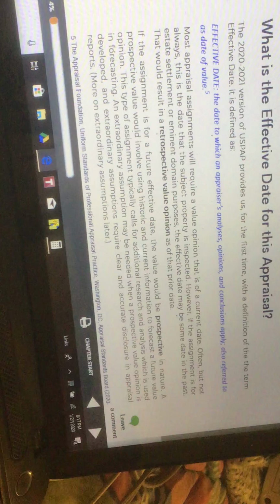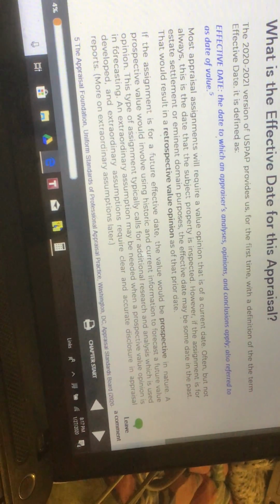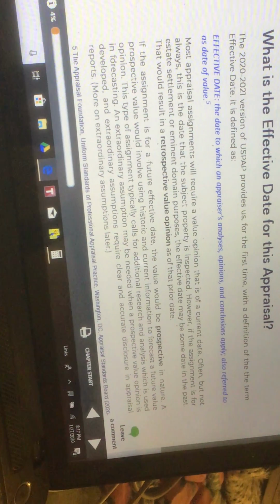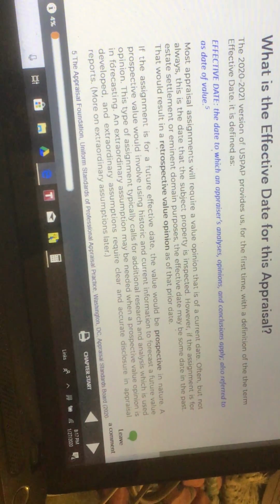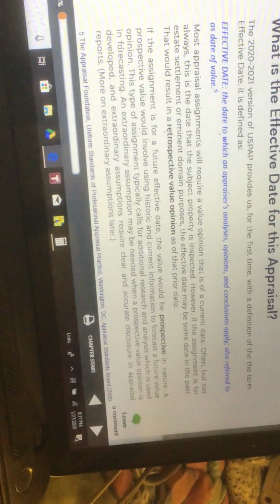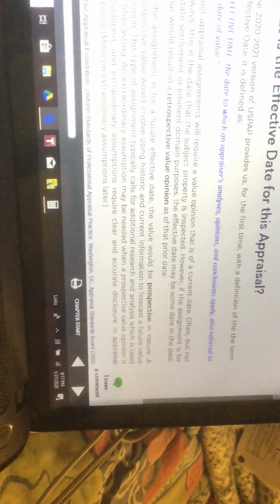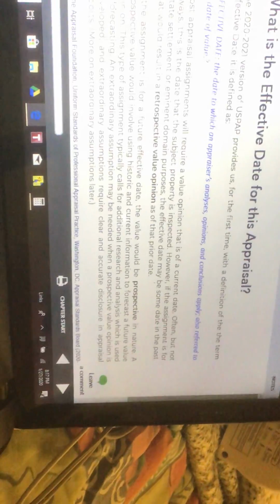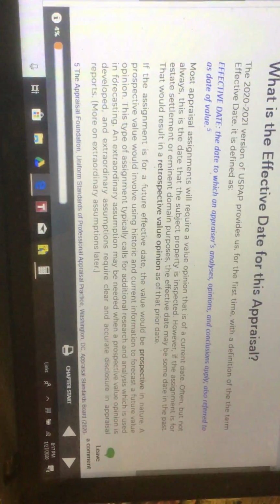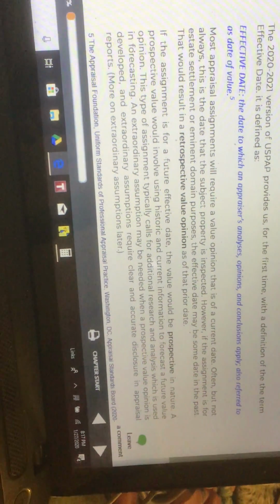However, if the assignment is for estate settlement or eminent domain purposes, the effective date may be some date in the past that would result in a retrospective value opinion as of that prior date.